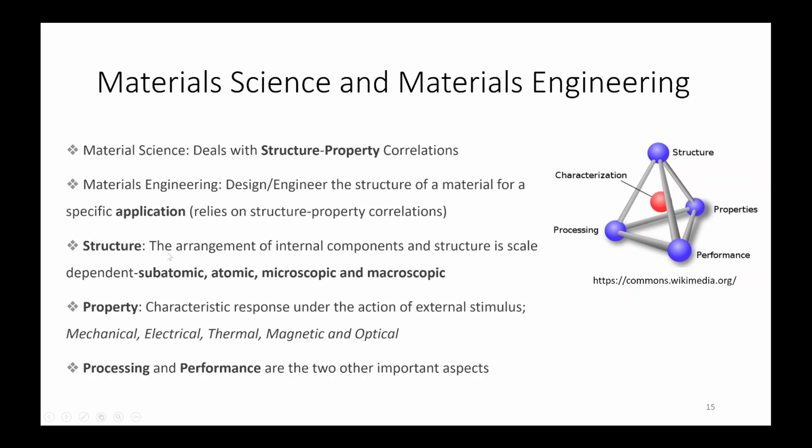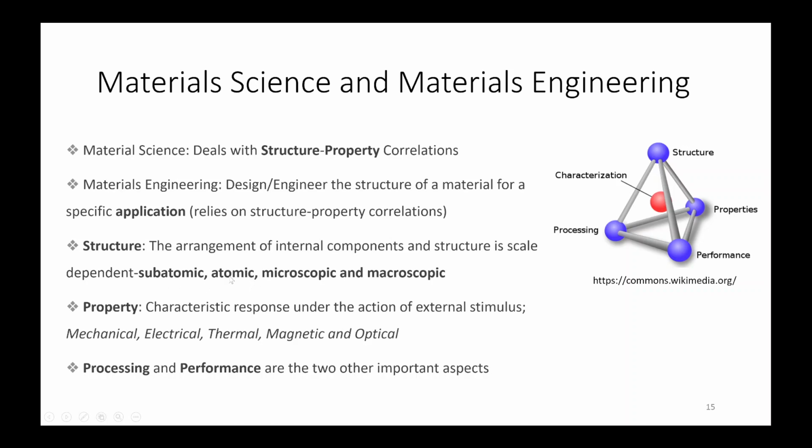Now structure is the arrangement of internal components and structure is scale dependent. For example, it can be subatomic, so how electrons are arranged in their shells will affect your electrical or magnetic properties.